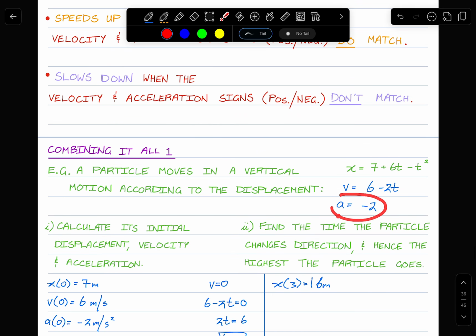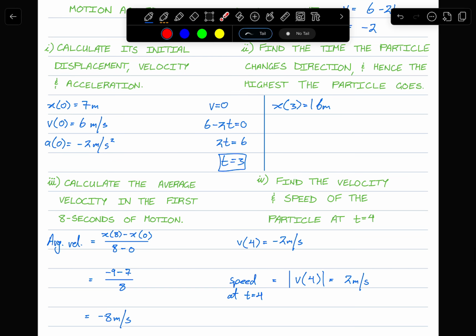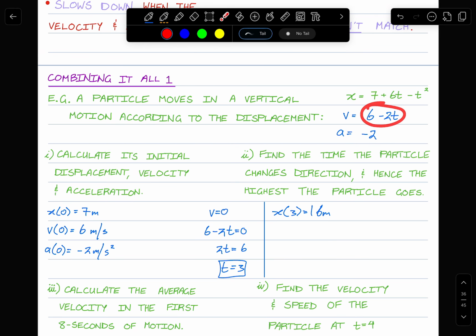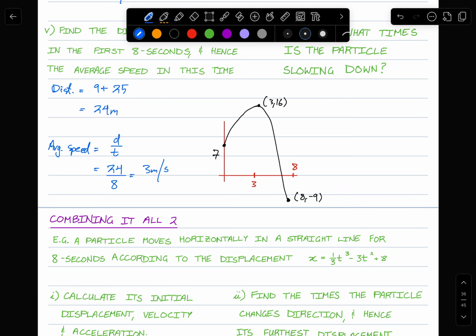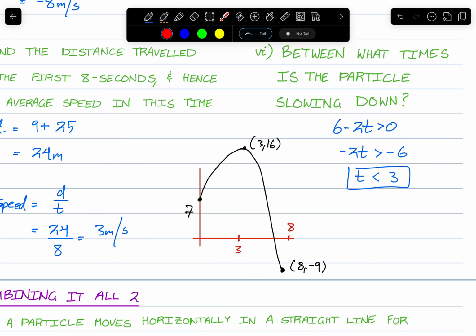And since acceleration is negative, we're trying to find where velocity is positive. So the velocity, 6 minus 2t, is greater than 0. We just solve this inequality. Negative 2t greater than negative 6, so t is less than 3. So it's slowing down from 0 to 3.